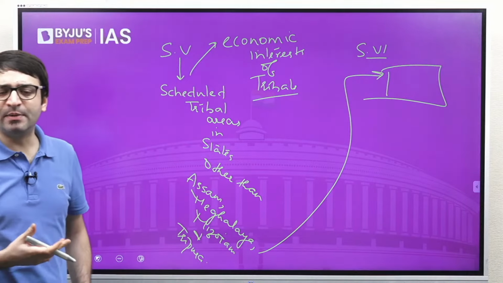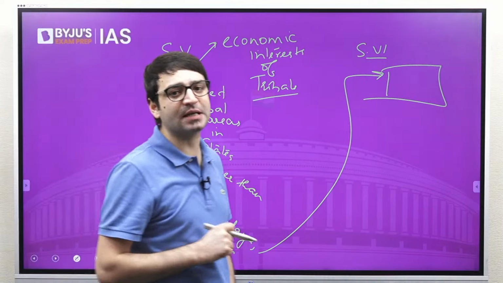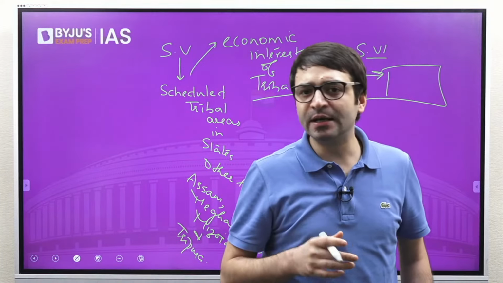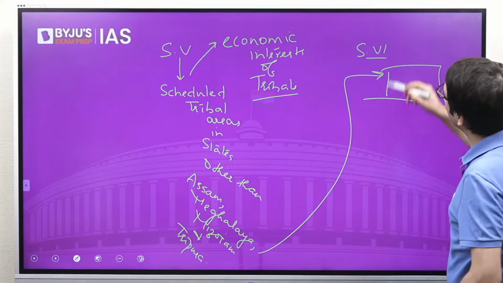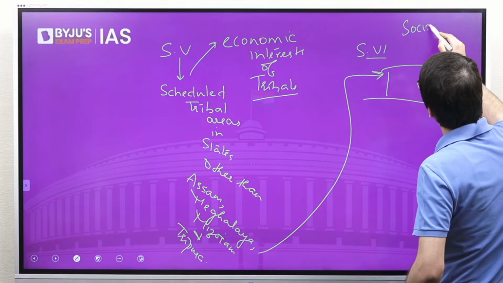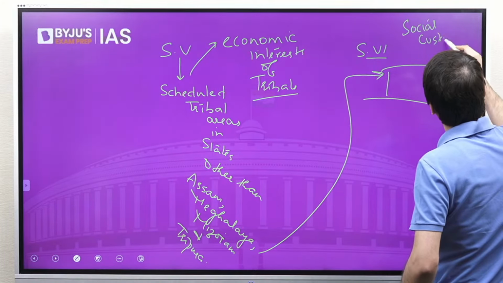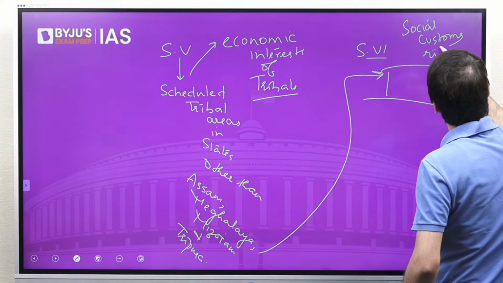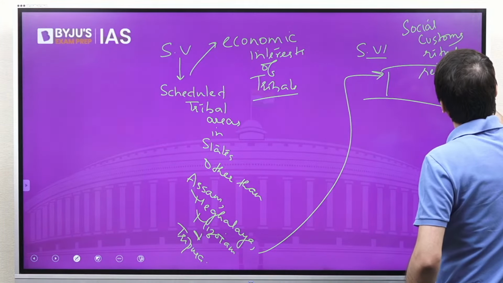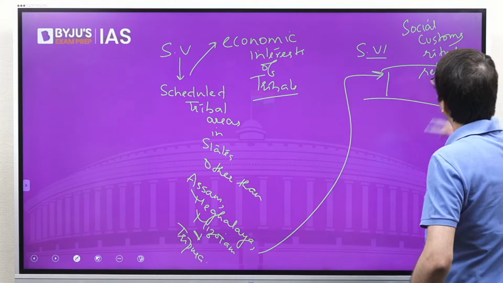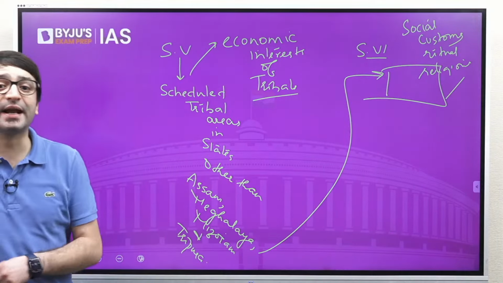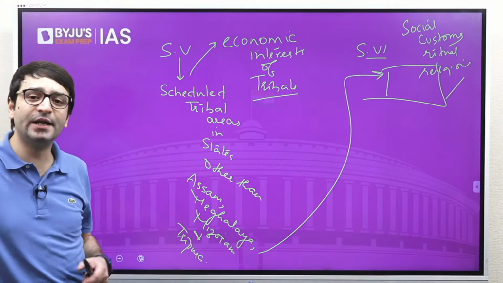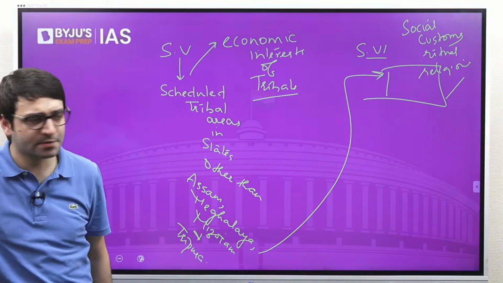But so far as the tribal areas under Schedule 6 are concerned, the idea is not only to protect their economic interests, the idea is also to protect their social customs, their rituals, their education, their religious features. The idea is to protect their culture as well. Here the idea is to only protect their economic interests.